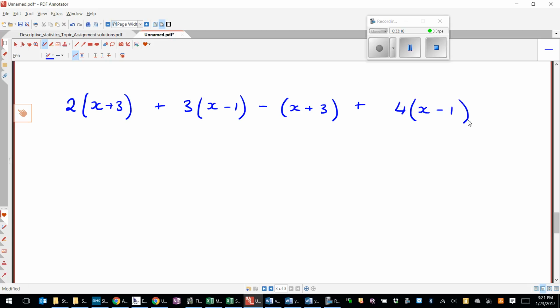Now, this is beyond what we would have to do at the moment, but this does lead us into the next thing we're going to talk about, which is expanding brackets. But you don't need to expand brackets at the moment.